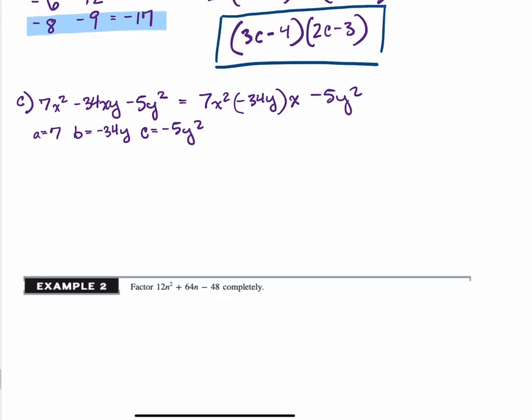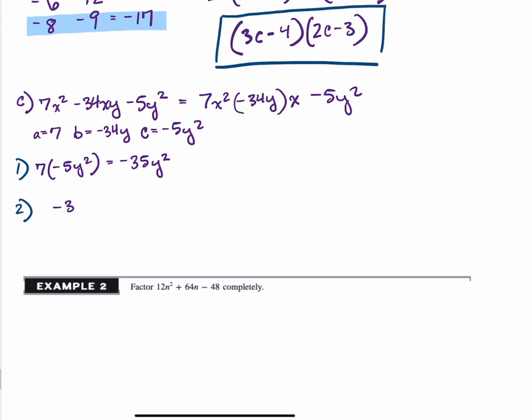So let's go through that process again. The first step is to multiply a times c. So we'll do 7 times negative 5y squared. That will give us negative 35y squared. Now we want to find two factors that add up to negative 34y.